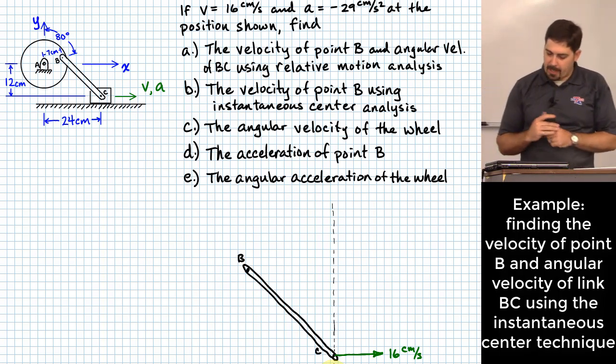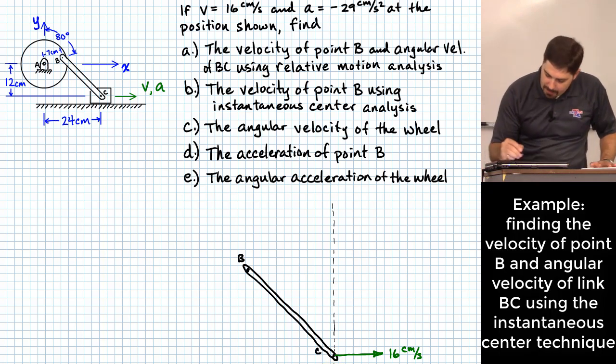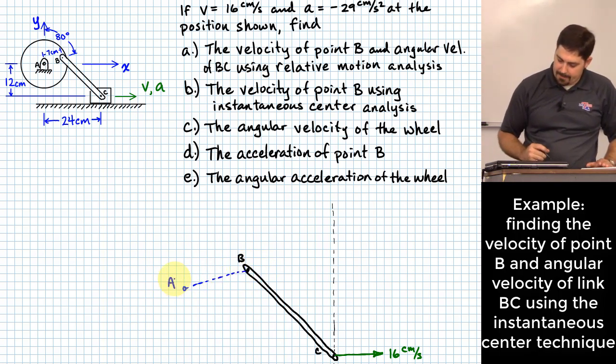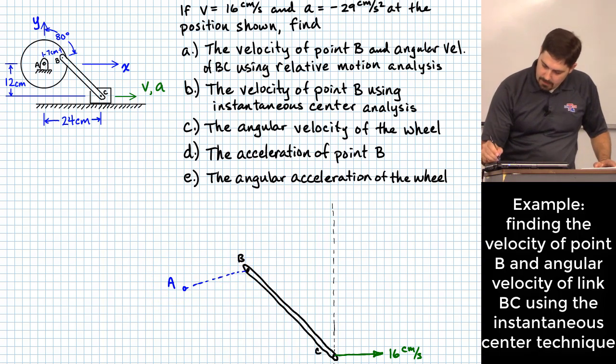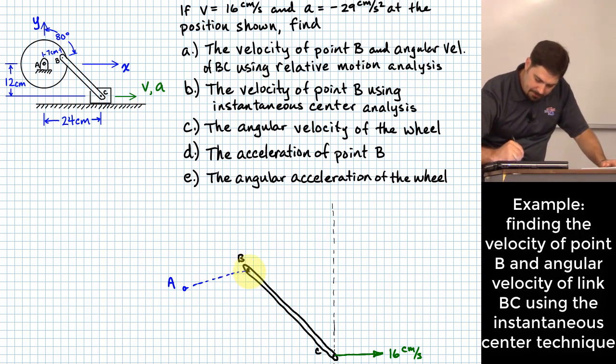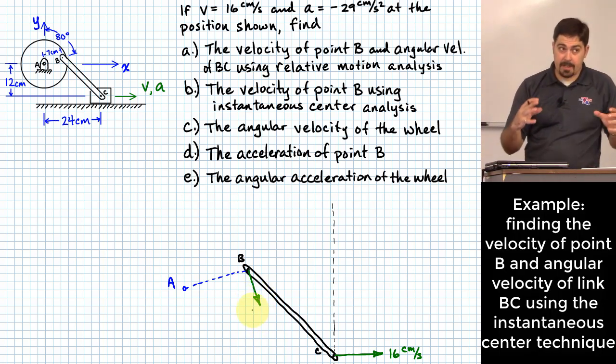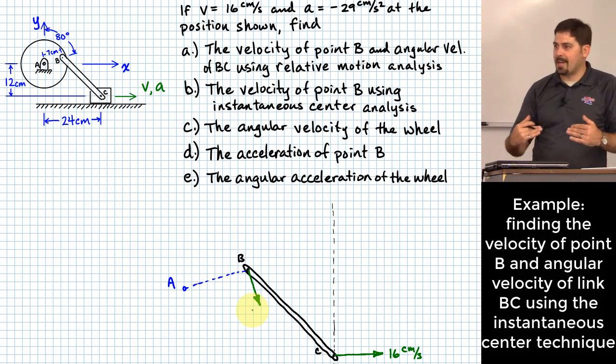Then we look at the velocity of point B, and we remember that this also had some geometry that we were familiar with. From A to B, we knew that this was defining the direction that B was going. We're pretending at this point that we haven't solved part A yet, so we're starting from scratch.